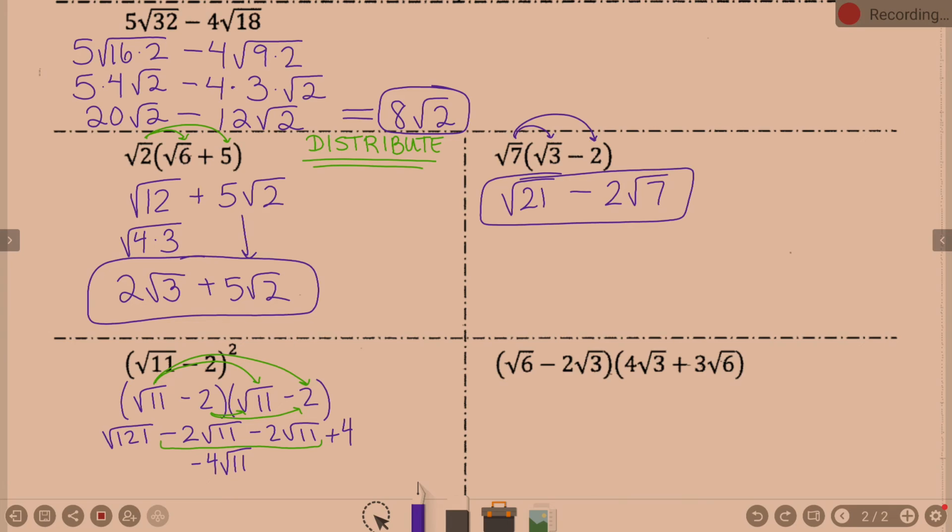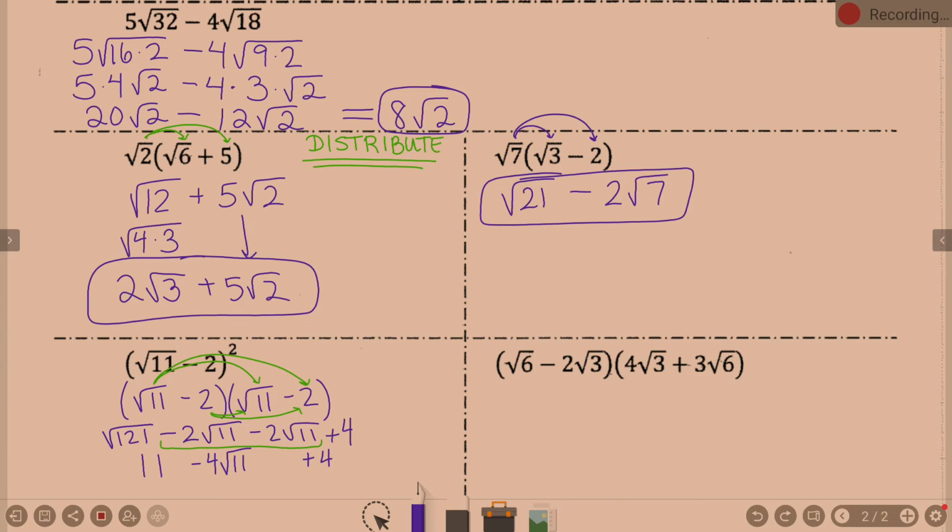At the end, we still have a plus 4. What do we have at the beginning? Square root of 121, which is a perfect square, and that's 11. So I have 11 minus 4 square root of 11 plus 4. So that'd be your answer.